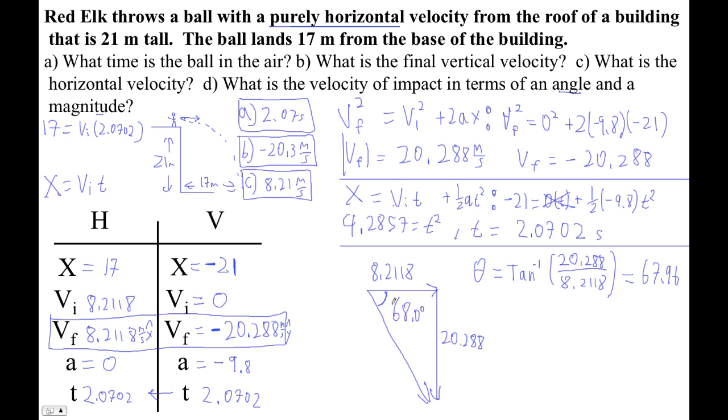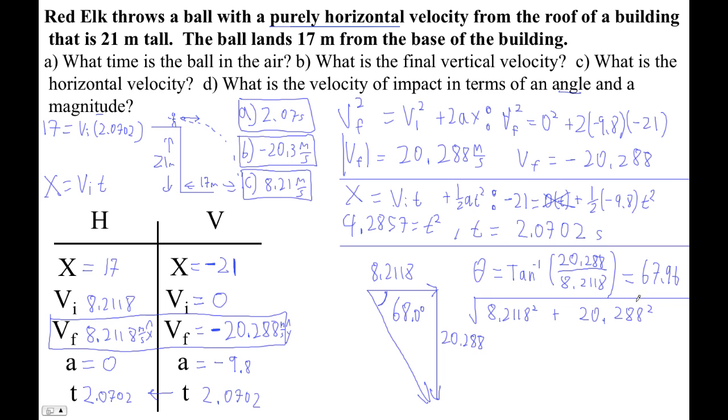Like that. That's my angle, and then my magnitude is going to just be the hypotenuse here, right? So that's going to be the square root of 8.2118 squared plus 20.288 squared. All right, here we go.